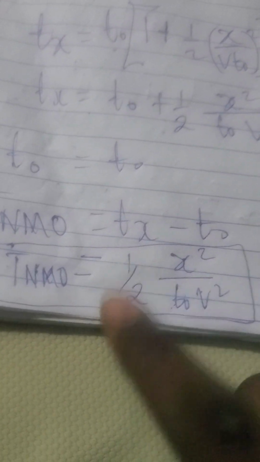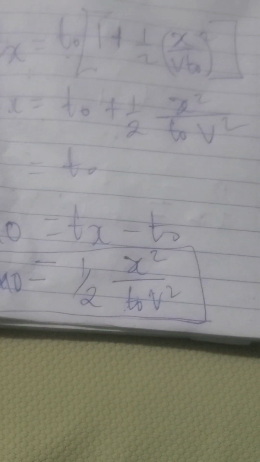This is now the expression for the normal move out at a shallow depth, and it works also at a great depth, but for a shallow depth it works accurately compared to the simple expression. Thanks for watching.